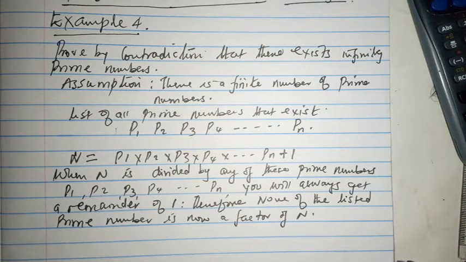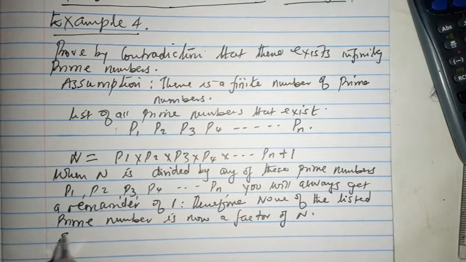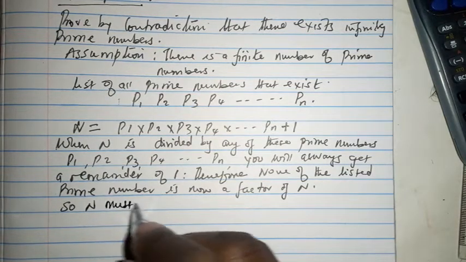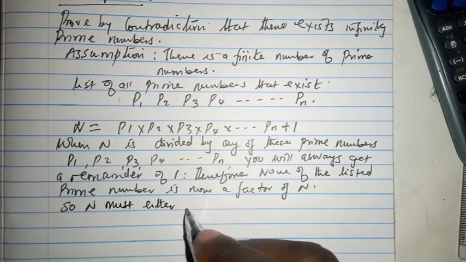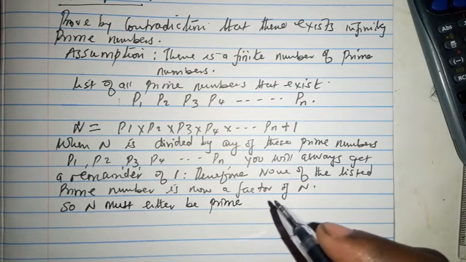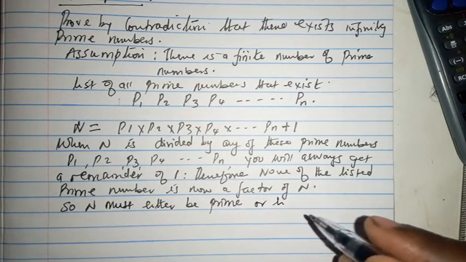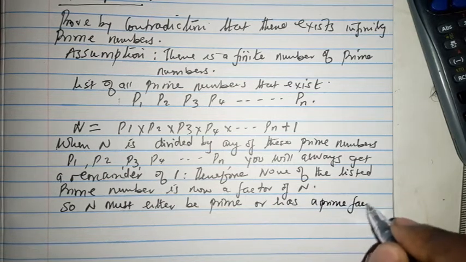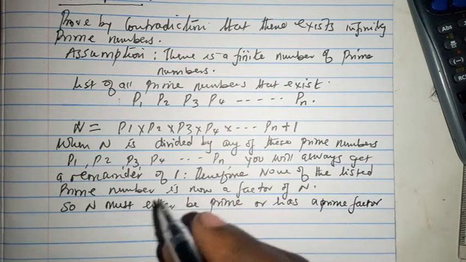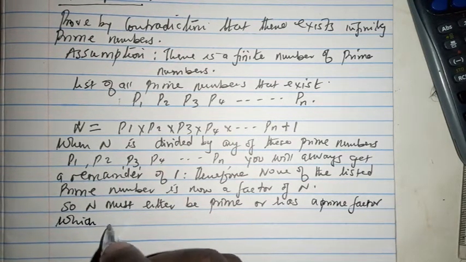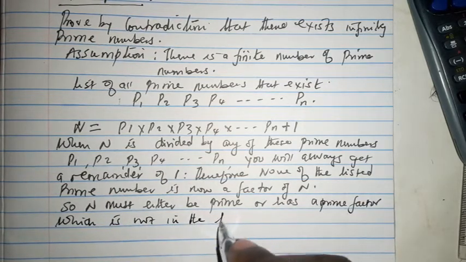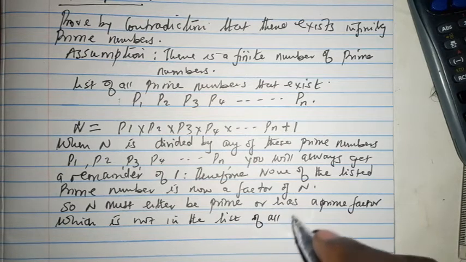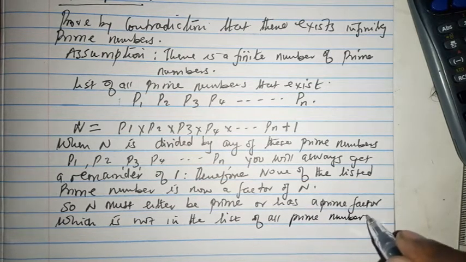So if none of these prime numbers is a factor of N, then N must either be prime, or have a prime factor which is not in the list of all prime numbers, which is very difficult.